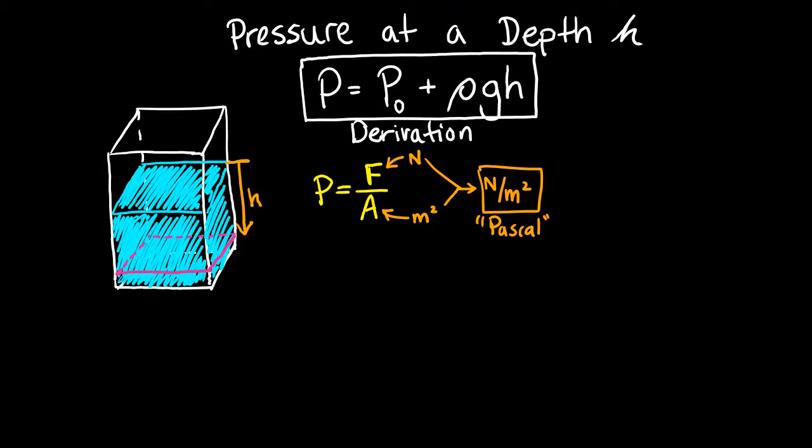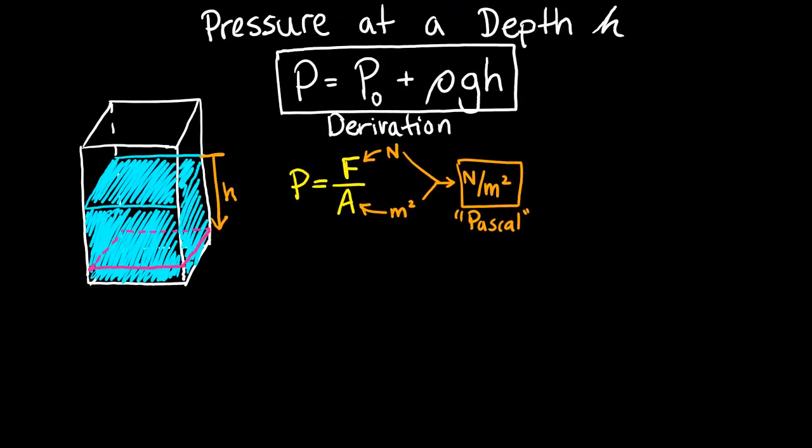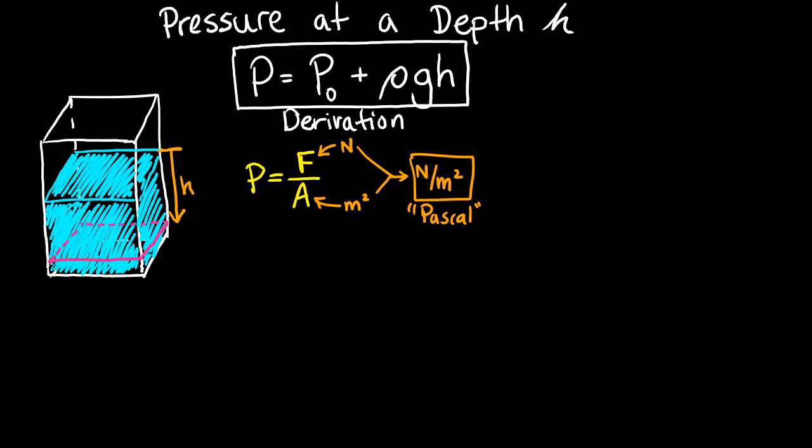Additionally, we should remember that force equals mass times acceleration. And since we're understanding acceleration to be really the constant acceleration of gravity, we're going to replace a with g for the acceleration of gravity.